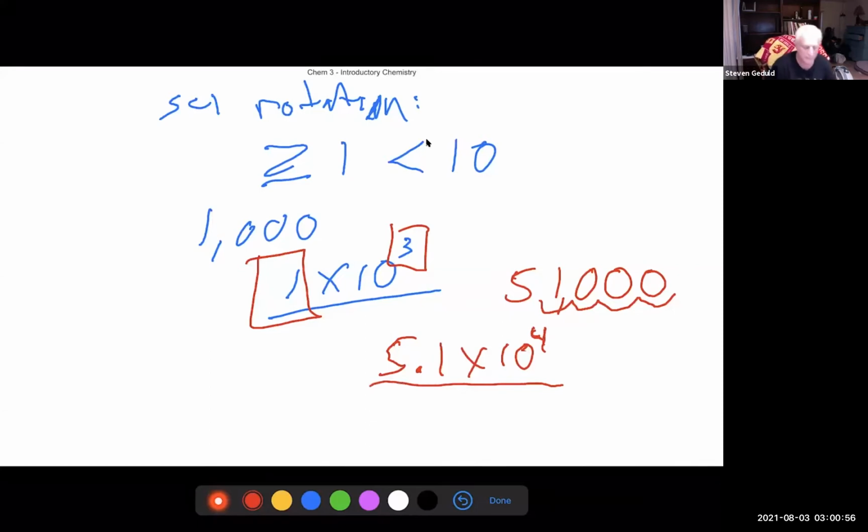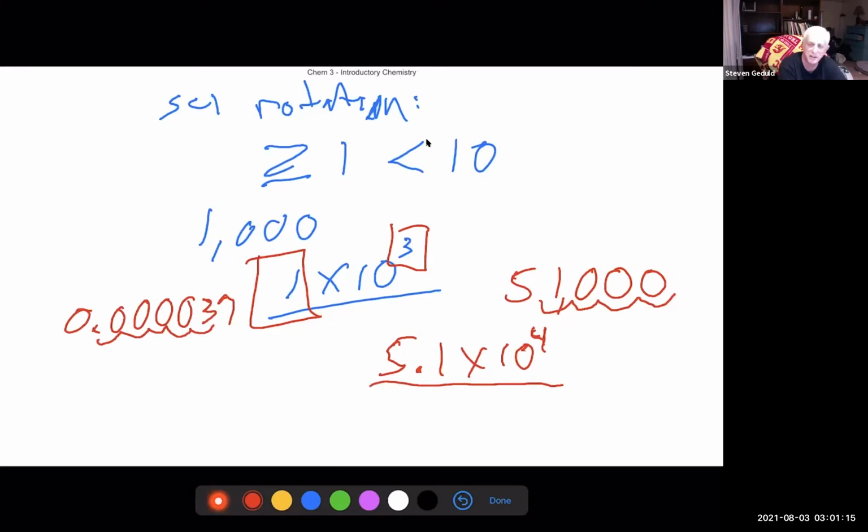Now we have a number like 0.000037. You move the decimal 1, 2, 3, 4, 5 places to make it between 1 and 10.